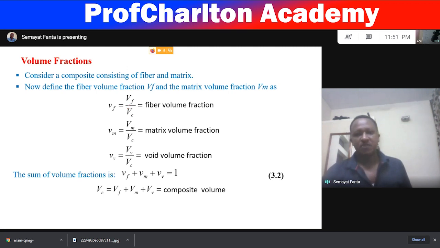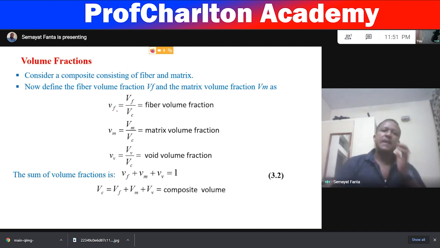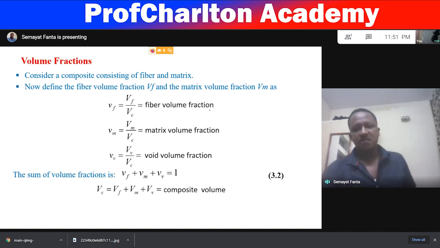VC implies the volume of the composite and VF is the volume of the fiber. Volume fraction is a unitless quantity which is represented in terms of percentage. So maybe this may be 60%, or we can represent it in terms of percent.